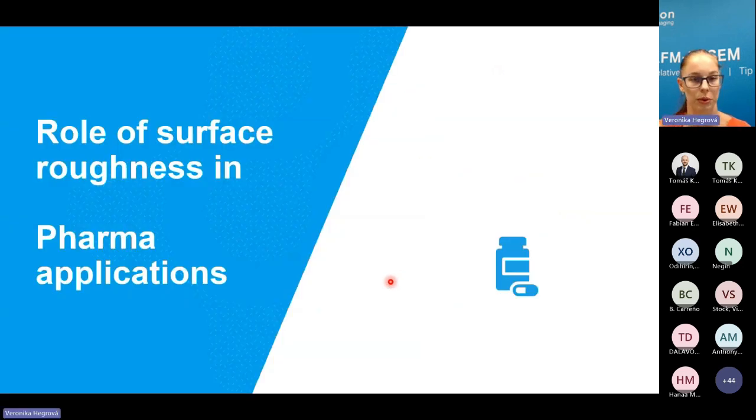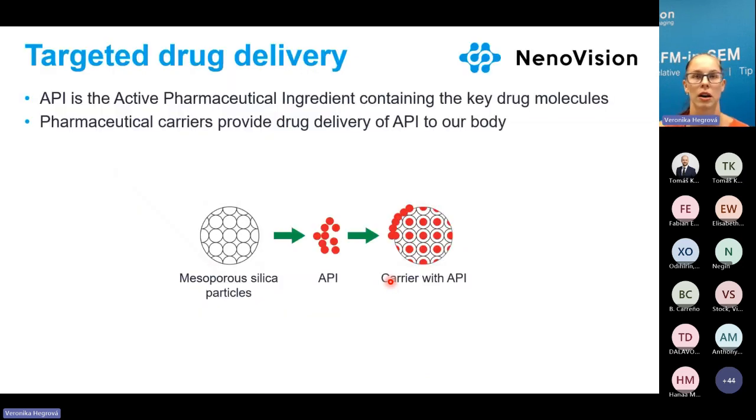And let's get to the first use case in pharmaceutics. Surface roughness in powder particles is quite crucial in order to understand how the active pharmaceutical ingredient, or API for short, attaches to the carrier. We can see it over here. We have a carrier powder particle.